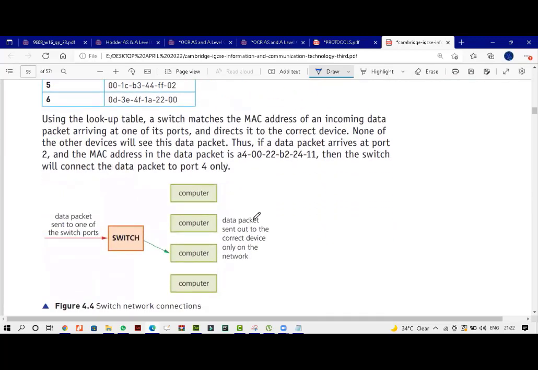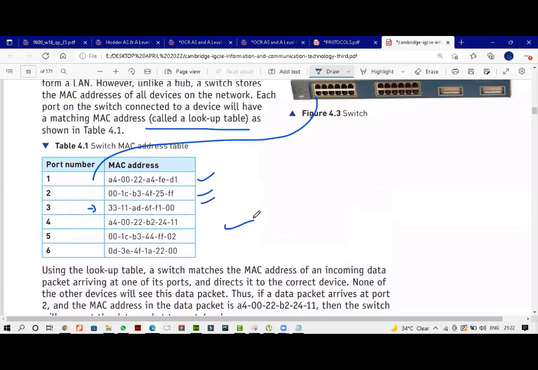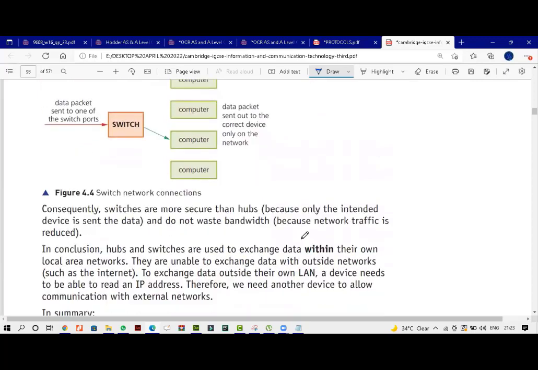We should be able to explain the purpose of a lookup table, which is used for switches. It has a list of all the ports within the switch and the corresponding MAC addresses for every port, so that we can refer to every port the way we want to. Just like the word lookup, we can look up the port and the MAC addresses.